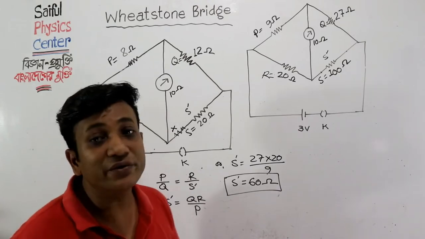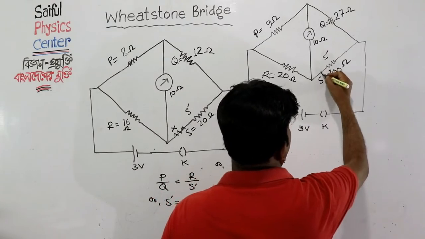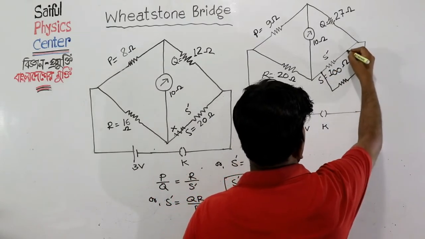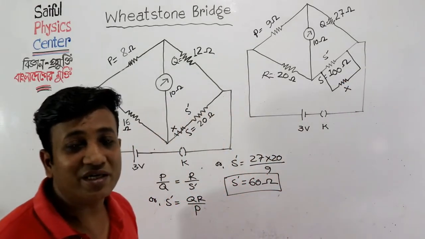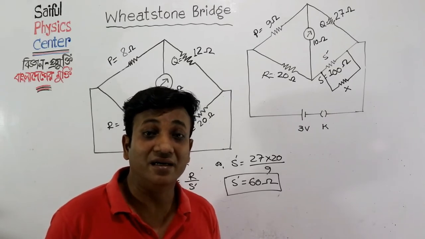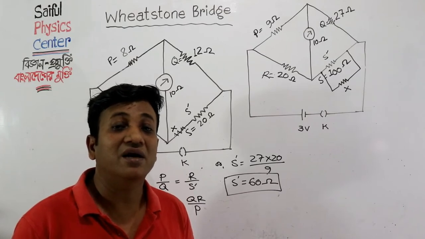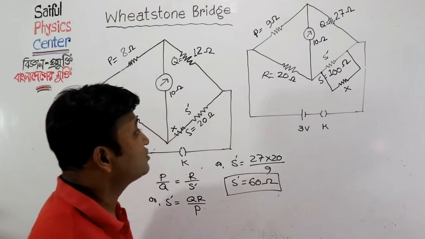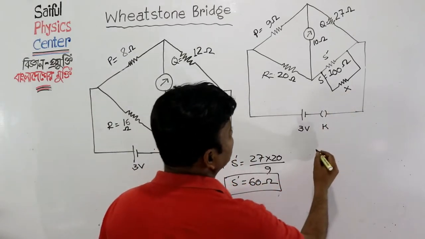Now what we can do, we can connect an external resistance in parallel with S, and suppose this resistance is X. Why? Because we know if we connect a resistance in parallel, then the combination or equivalent resistance will decrease.